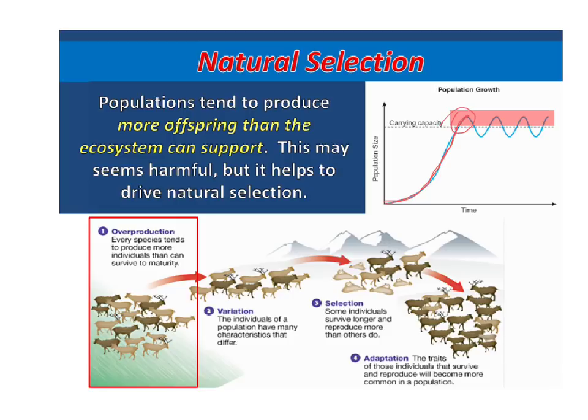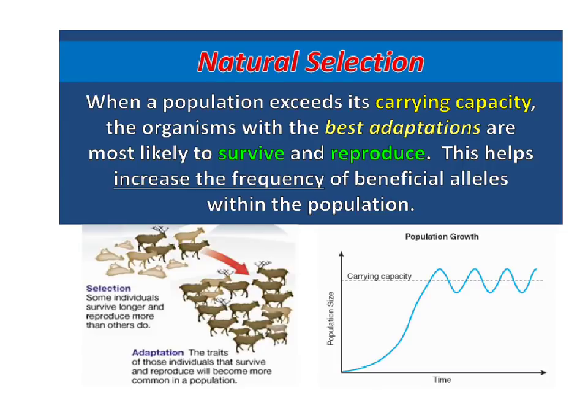Well, that means that not all of the organisms are going to have enough of the limited resource to survive. So the ones that are not the best competitors, that don't have the best alleles, are going to die off. And so this area right here is called dieback. So we've got our overshoot and our dieback, where the organisms that are not the best adapted are going to die because there's not enough resources for all of the population.